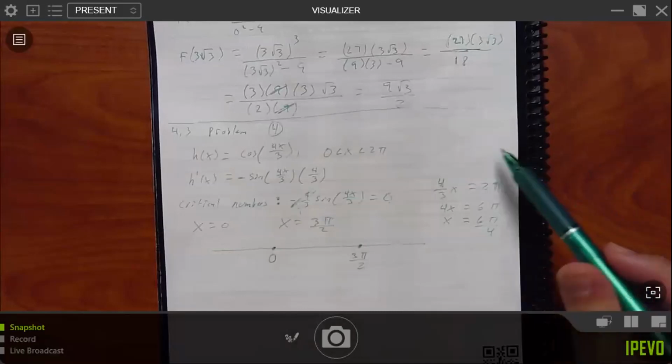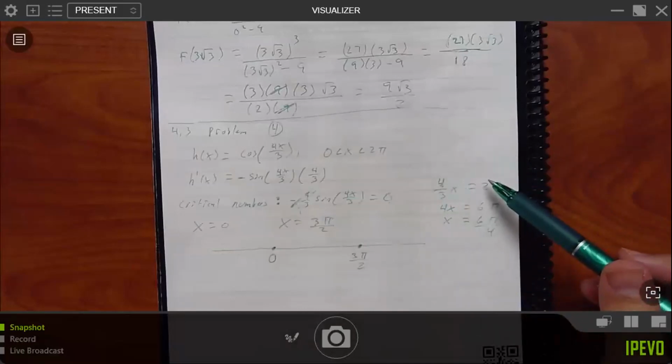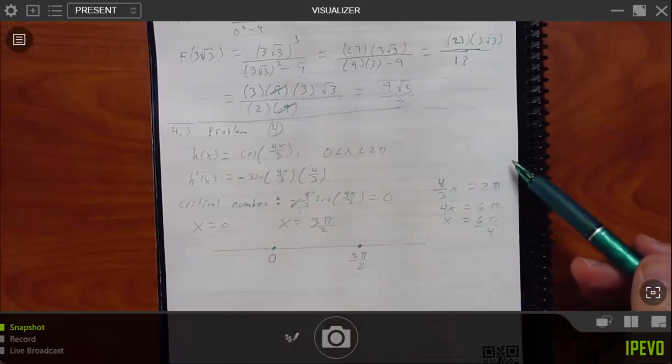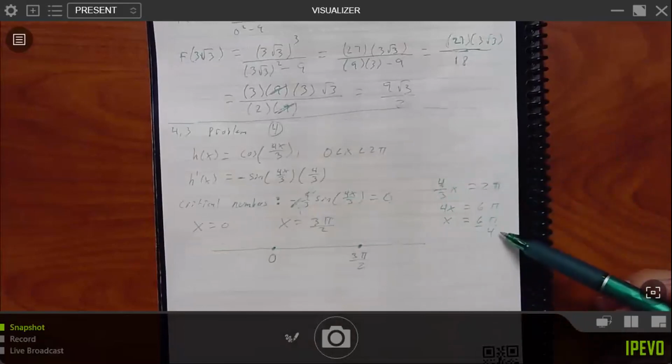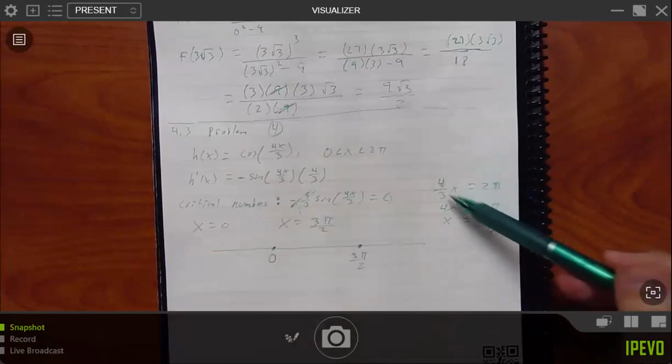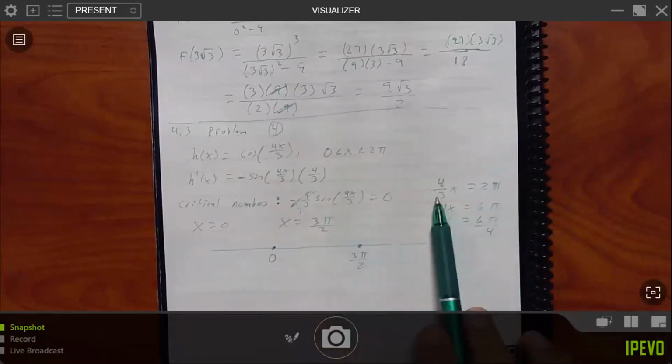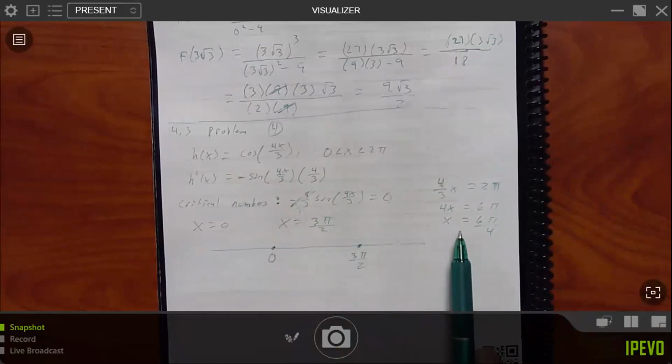But if I would have used the whole thing, I would have needed to use inverse functions, and I would have got here anyway. But I thought maybe this made more sense because I need a 2 pi in there. How do I make that inside 2 pi? Well, you can solve for this and find out that answer.